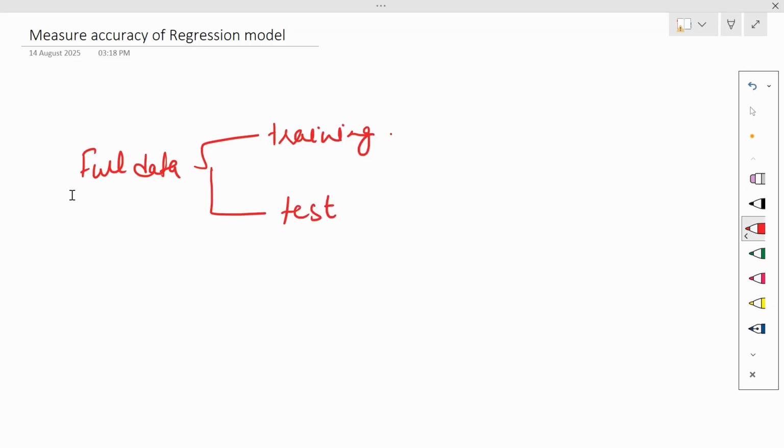On this training data, we train our ML model, which is used to make the future predictions. Now, this testing data has both the columns for features and the target variable.